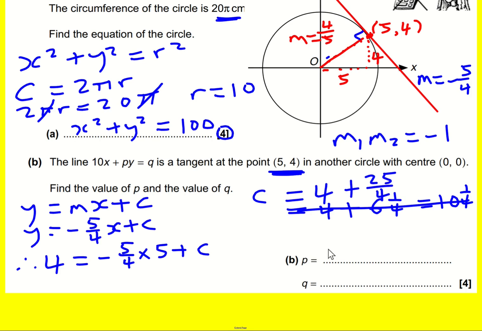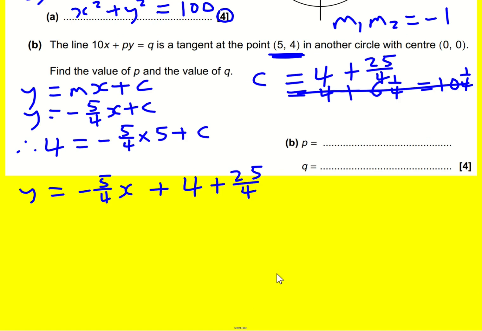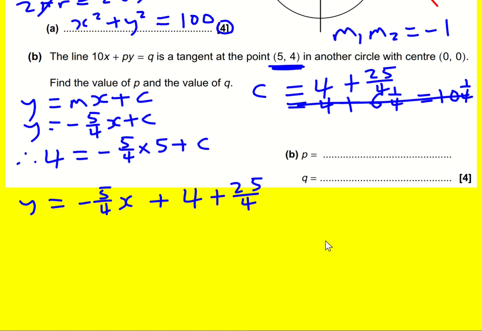Right, what I can write down, however, is that y is equal to minus 5 over 4 x. Okay, and actually I'm just going to write in plus 4 plus 25 over 4. Now what I can do is multiply through everything by 4. I think that's the first thing to do to get rid of that fraction.